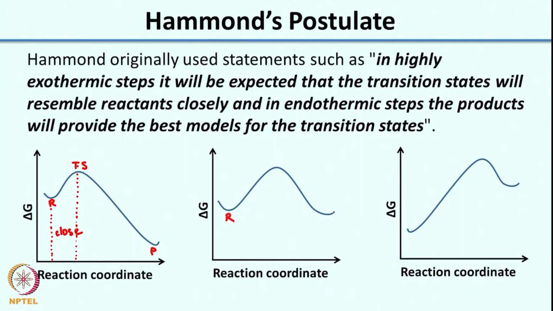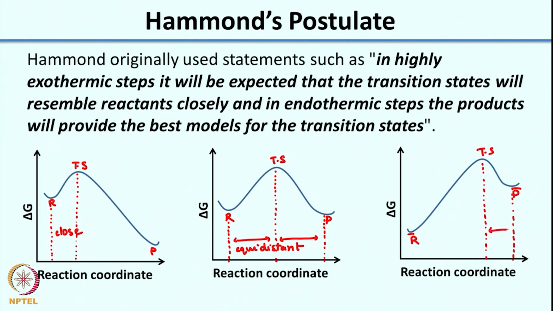When you have R and P which are equal in energy, if you look at where the transition state cuts the x axis, they would be almost equidistant. So, it is a symmetric transition state. In the third case, where you have a high energy product and this is your transition state, again you look at where it goes to the x axis.